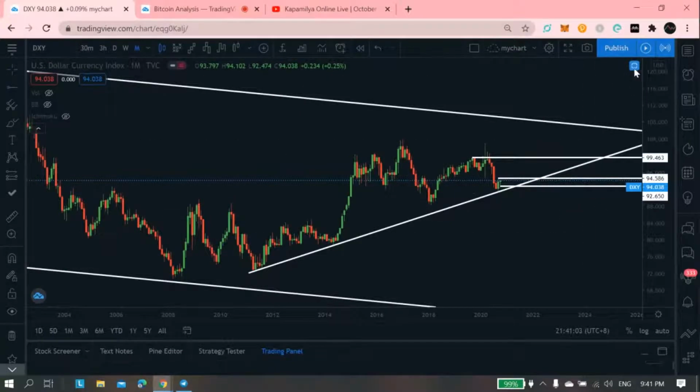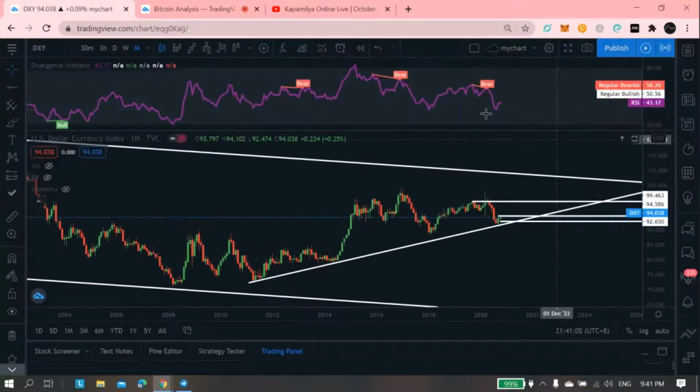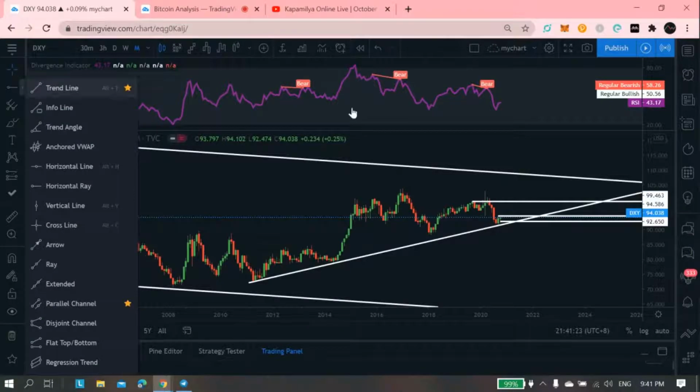Let's add the divergence indicator, and if you look at it, this one is 36.23, and yeah, there is actually a bullish divergence.